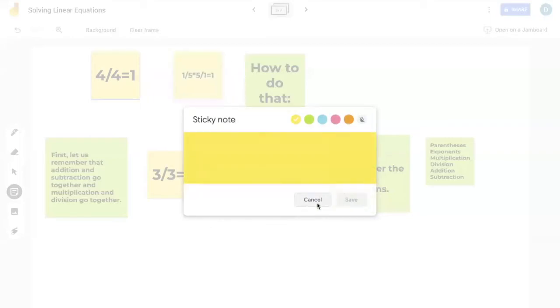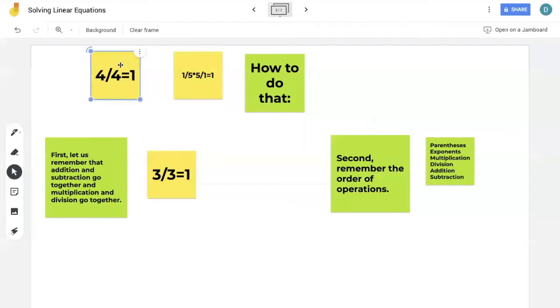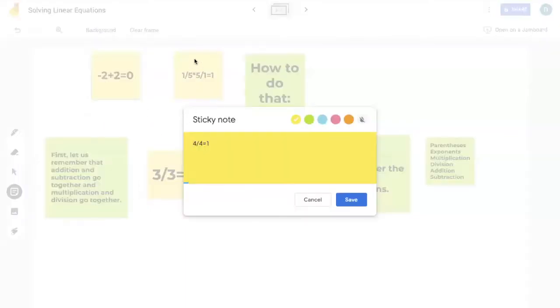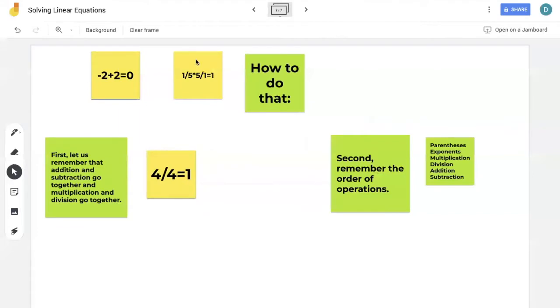So the idea is that we're going to make the multiplication and division simplify to 1, and we're going to make the addition and subtraction cancel out to 0. We will definitely see these in play with our examples here.